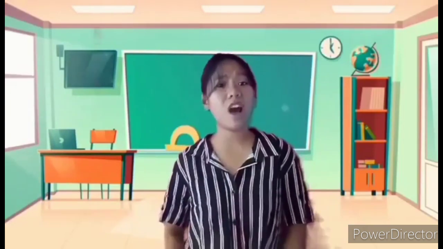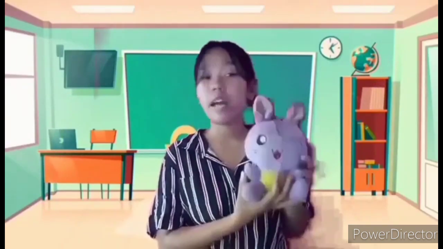What causes objects to move? Today, we will have an activity. This is Purple, a stuffed toy. What are we going to do with this stuffed toy? I will put this on the table. We will observe and see what will happen to it.